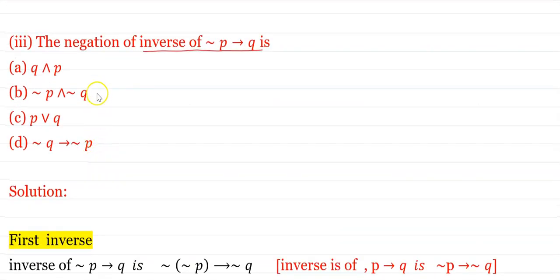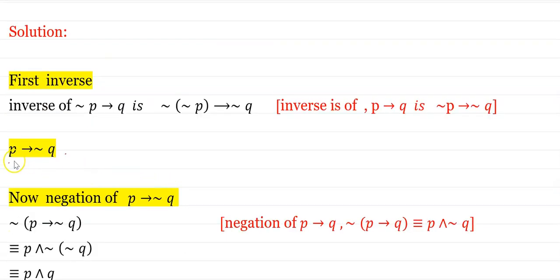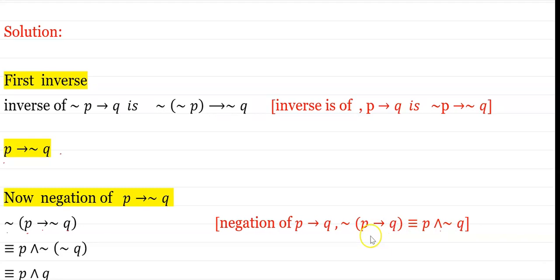Now next we want to find out the negation. Now this negation of P implies negation Q. Therefore the negation of P implies negation Q is a negation in bracket P implies negation Q. But what is the negation of P implies Q? It is equivalent to P and negation Q. या प्रकारे.